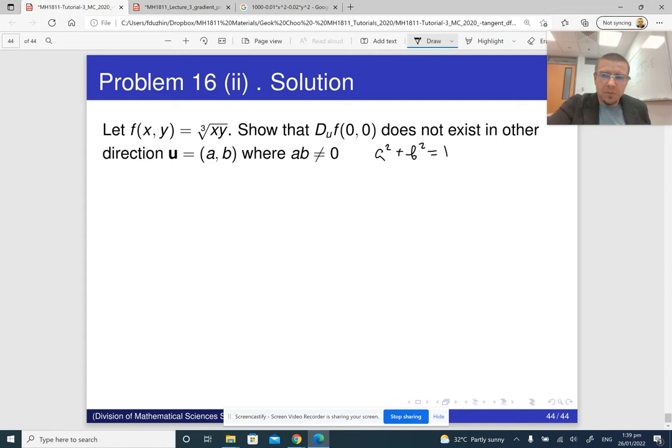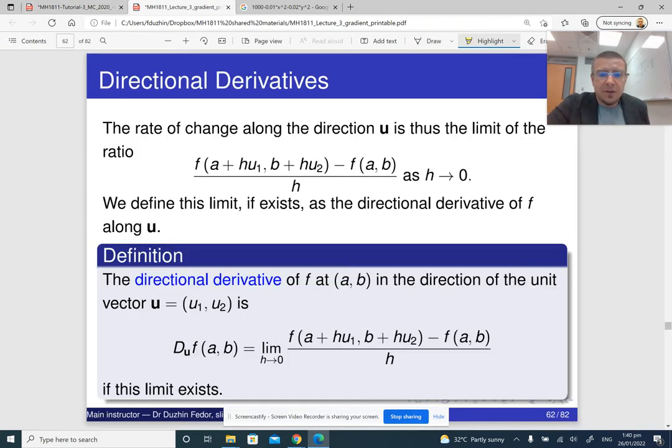I don't know at the moment whether it is going to be important or not, but that's just a part of the definition. So u should be a unit vector, which means its norm should be 1. So what we need to do is use the definition of the directional derivative, and here is the definition of the directional derivative, right?